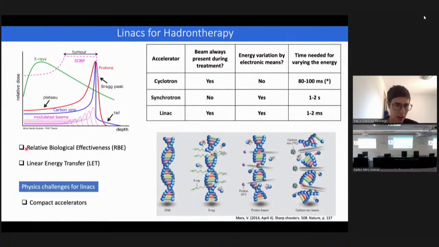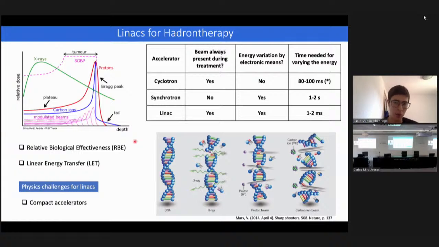Besides, they have higher relative biological effectiveness and higher linear energy transfer, which means that the damage caused in the DNA by protons and carbon ions is much more severe than the damage produced by X-ray photons, as you can see in this picture over here.